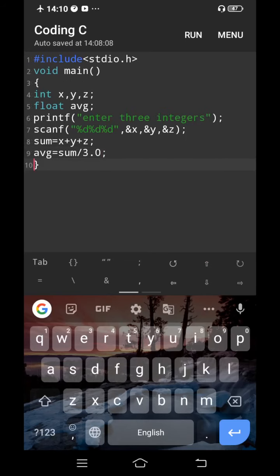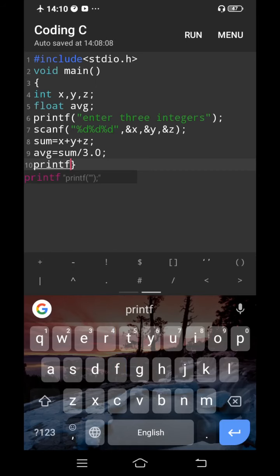And then printf, backslash n. Backslash n is used to break to a new line in C language.